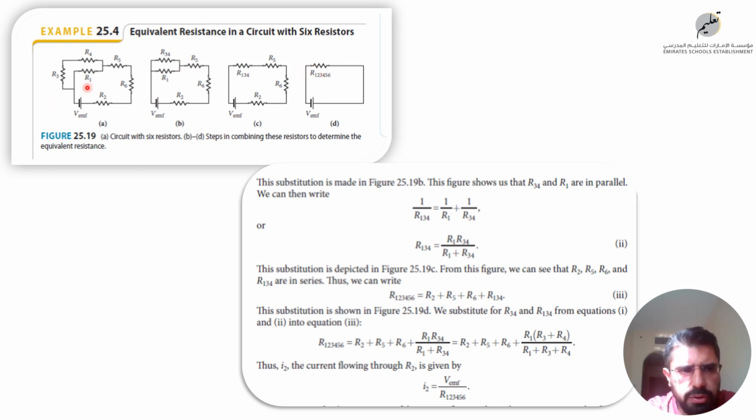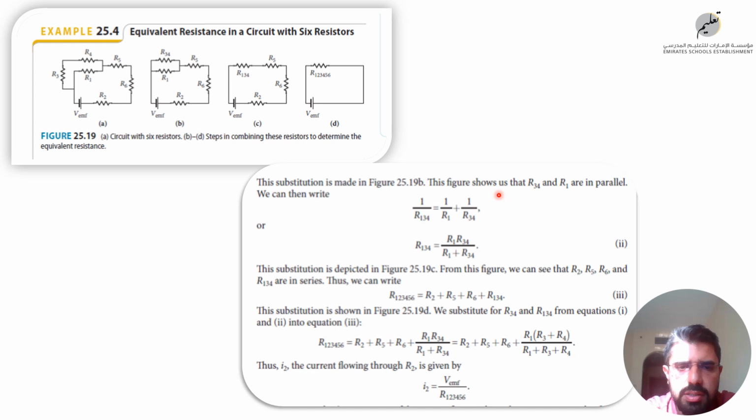So first step, as you see here, R3 and R4 are in series, right? So that's what we call R34. We add the value of R3 and R4. However, R3 and R4 are parallel to R1.